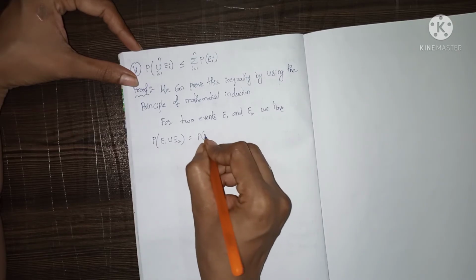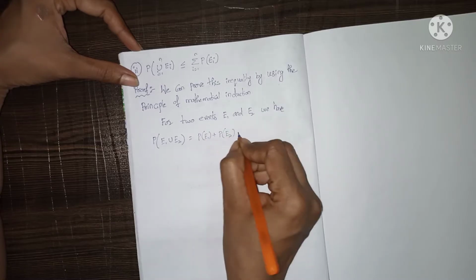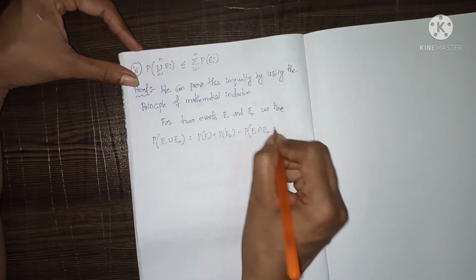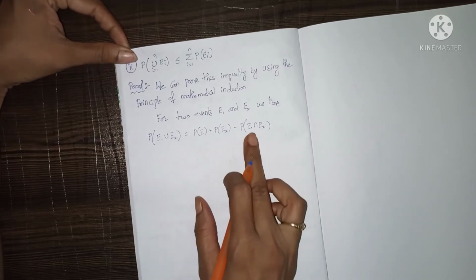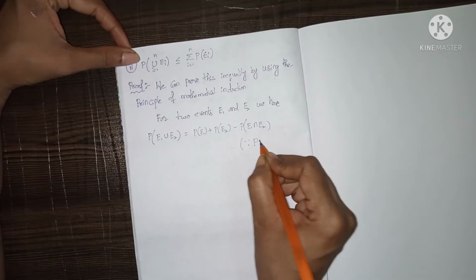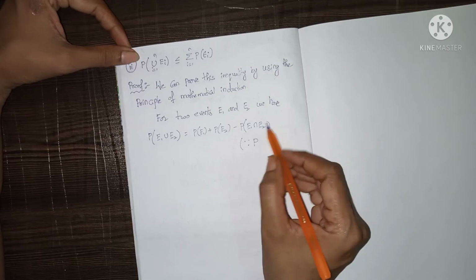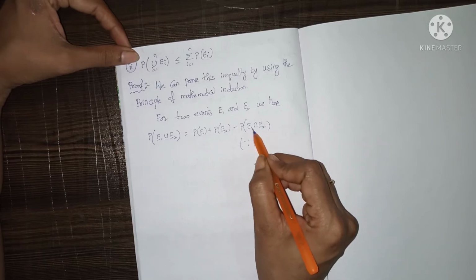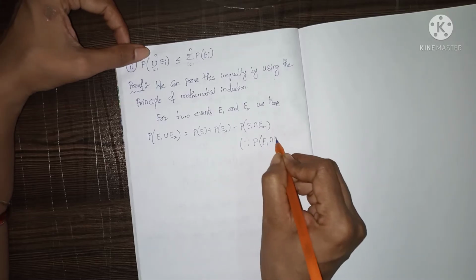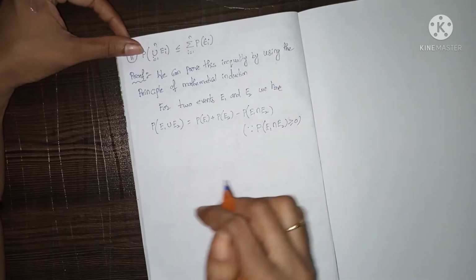So P of E1 plus P of E2 minus P of E1 intersection E2. Here we all know that probability of E is greater than or equal to 0. So P of E1 intersection E2 is greater than or equal to 0.